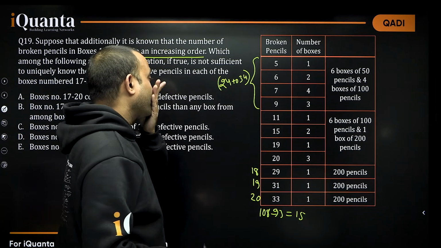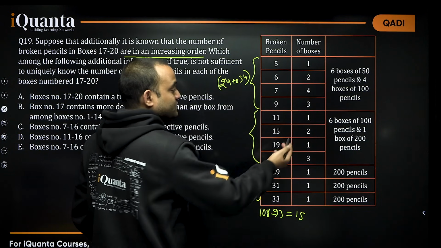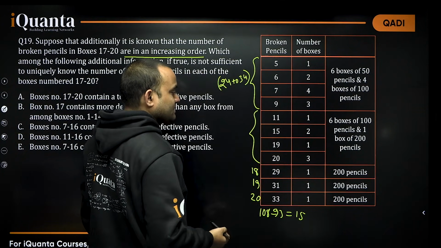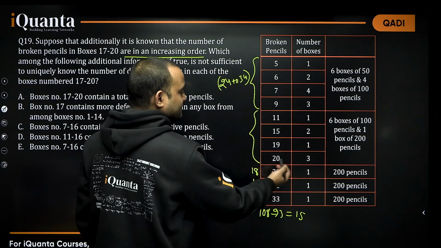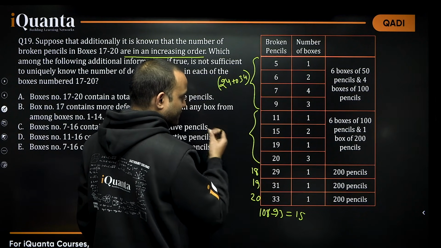Okay. Now, in this case, what could be the minimum sum of these 6 boxes? When I give this to 17, what will be the total sum?